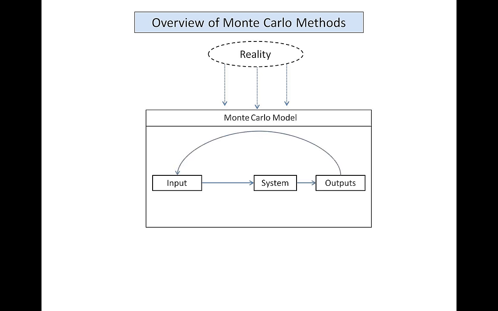What happens in the end, and any person who has ever worked with Monte Carlo models will tell you, is that once you've taken the inputs, run them through the system, and gotten outputs, you will always take those outputs and feed them back into your inputs to change your inputs. That is, in order to validate your outputs, you'll have to have some measure to compare them to your inputs.